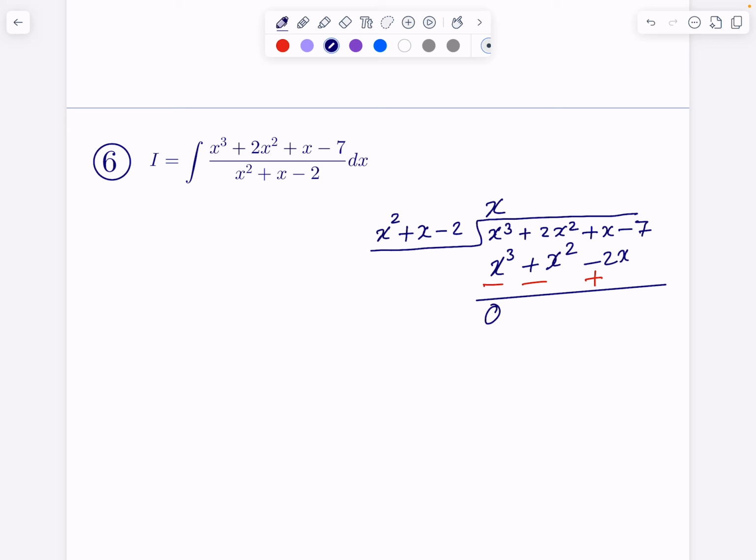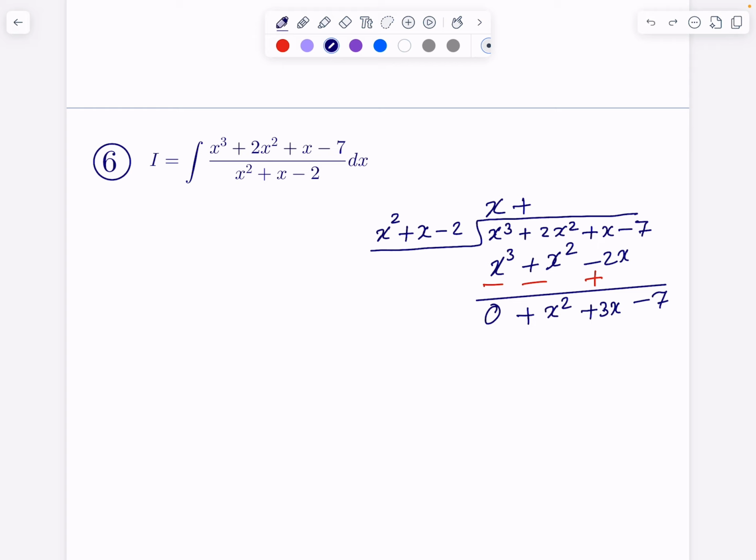This is 0. 2x squared minus x squared is just going to be x squared. And then here's 2x minus, and x is going to be 3x. And the minus 7 also comes down. Now here is x squared, and this is x squared.